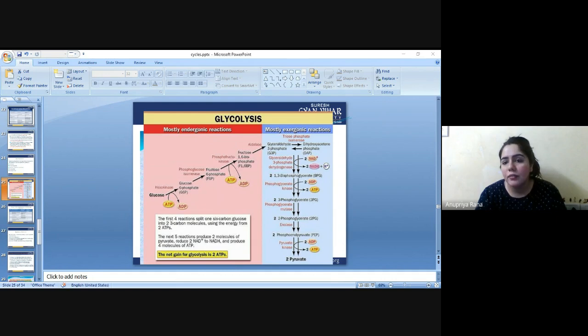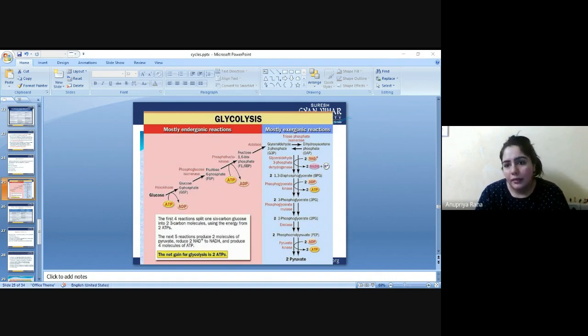This is like the backbone of this whole glycolysis process, because after this we are getting two ATPs. First, we get glyceraldehyde 3-phosphate after the aldolase reaction, and this is a reversible reaction.